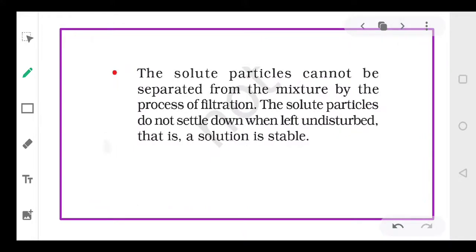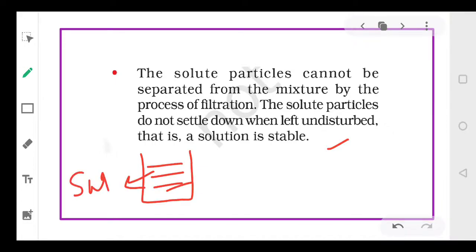Now the last point. Suppose you have the beaker and we are adding water and then adding sugar into it, so you have a sugar solution. Now just take a filter paper and put all the solution on the filter paper. Do you think you will be able to separate the sugar? No. Or you can take a sieve. Sieve, you know everyone?